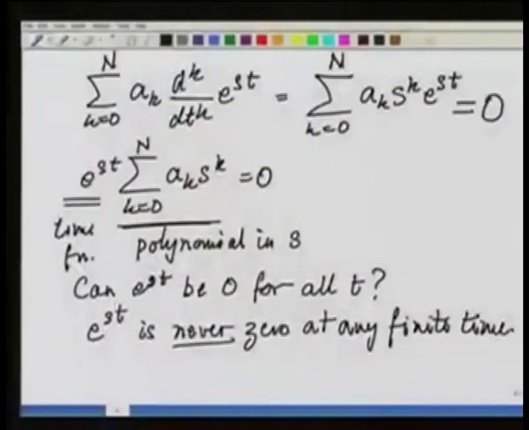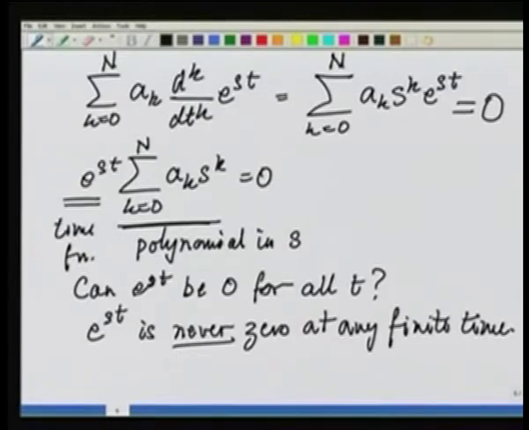And this latest remark that we have put down clearly shows that if this product has to go to 0, then e to the st is not going to contribute in any manner. E to the st is not going to help you to make this product of factors go to 0.